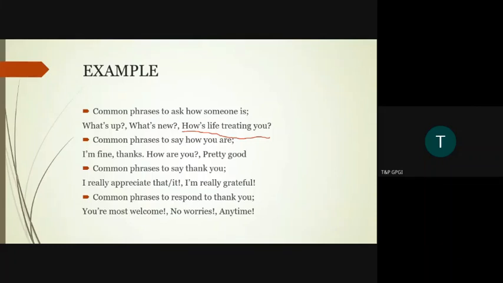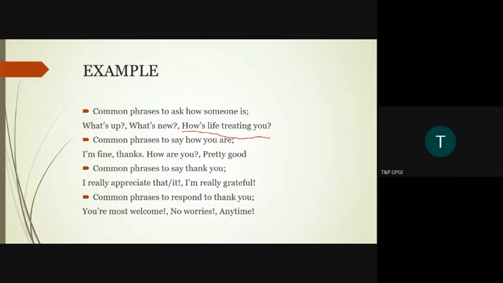Can't complain. Meaning others have it much worse than me, so I'm not going to say anything negative about my own life. Everything is good. Can't complain.